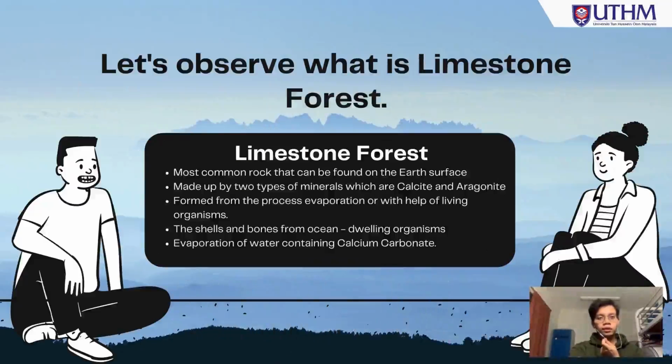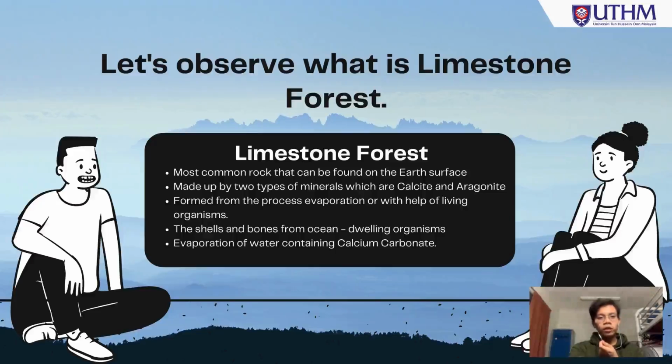Limestone is the most common rock that can be found on the earth's surface. It is made up of two types of mineral, which are calcite and aragonite. It is formed from the process of evaporation or with the help of living organisms. For example, the shells and bones from ocean-dwelling organisms are made from calcium carbonate.